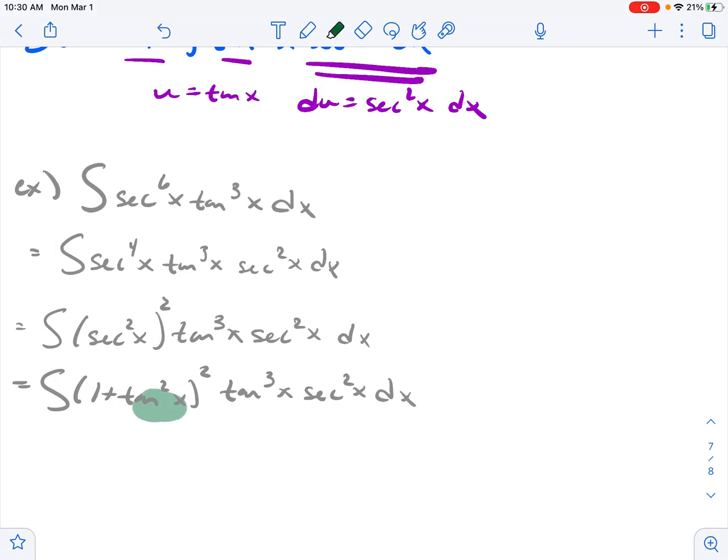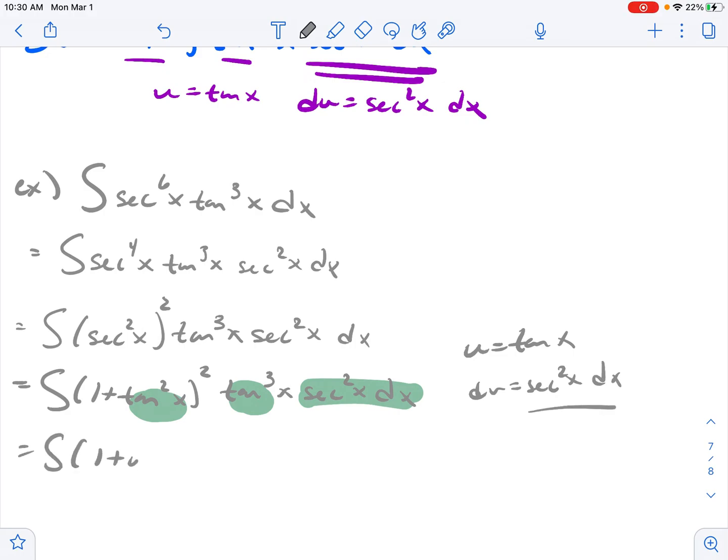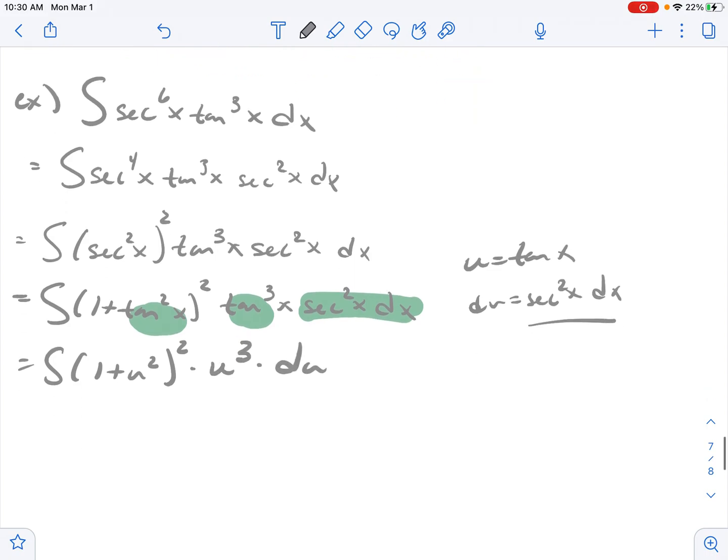Now I'm going to let tan be u, and du picks up that secant squared x dx at the end there, okay? So this is just going to become 1 plus u squared, u cubed, du. Okay, following what we did before, we got to clean this up a little bit before we can integrate.